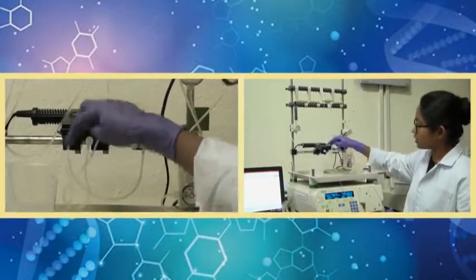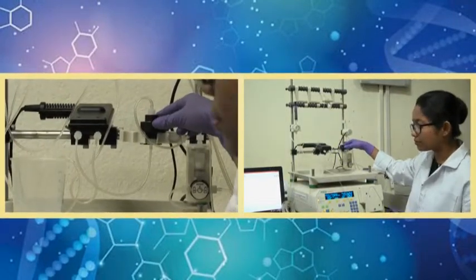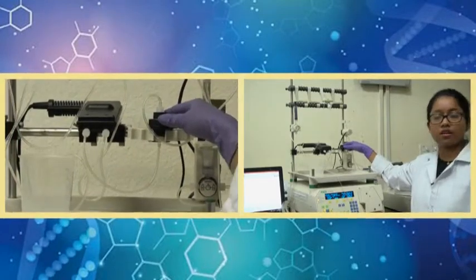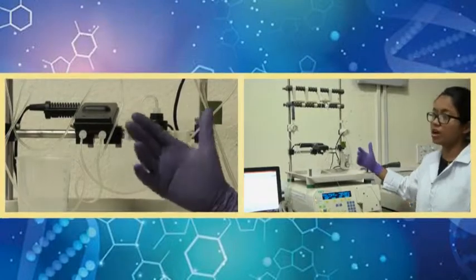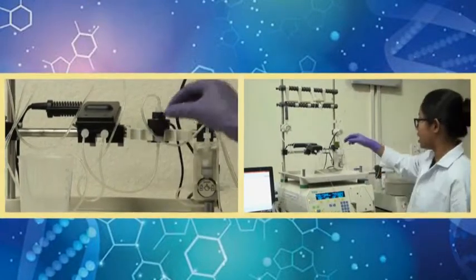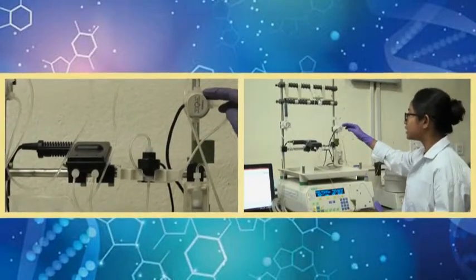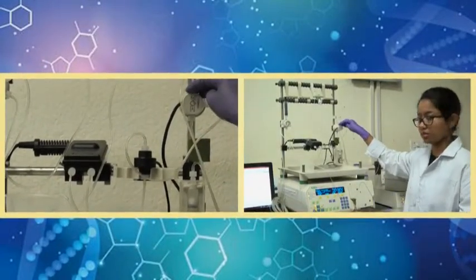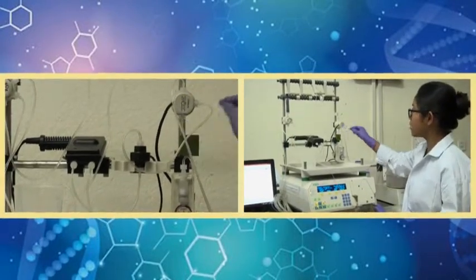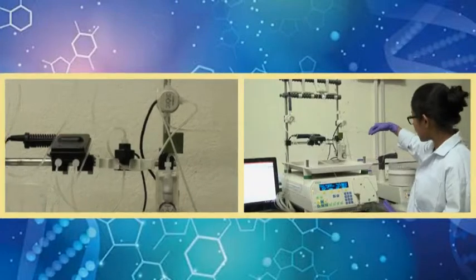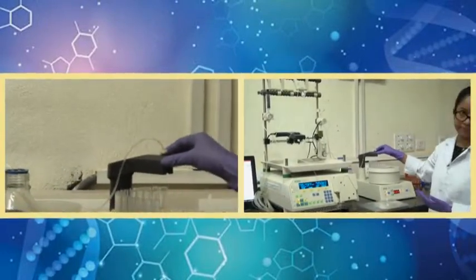After this UV box, the sample goes through the conductivity box, where you can measure the conductance of your sample, or how much salt you have in your sample. Then it goes to this valve where you can select whether you want to collect the sample or the solution. If you want to collect your solution, then it goes directly to the column collector, where you attach this collector to the fraction collector system.